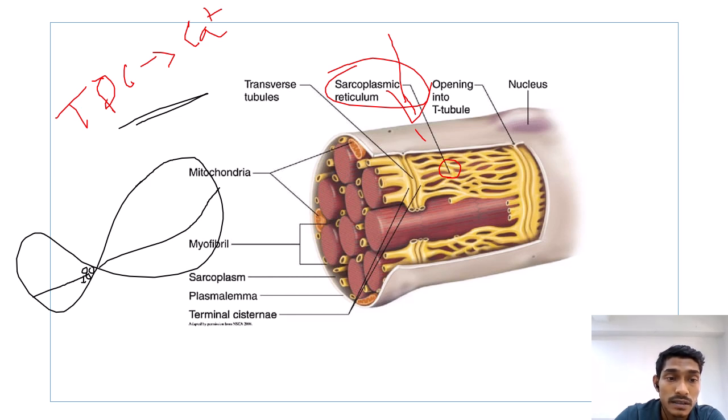And now the myosin is ready, because of the ATPase activity, the ATP is broken down into ADP and Pi, and also after the reaction between the TPC and calcium, the myosin binding site is opened.